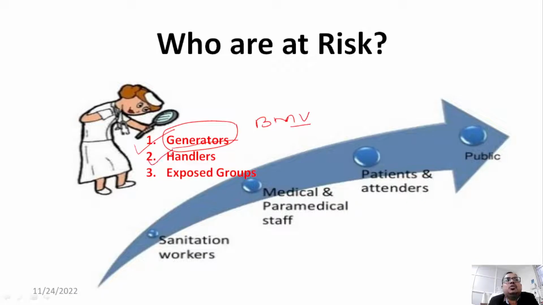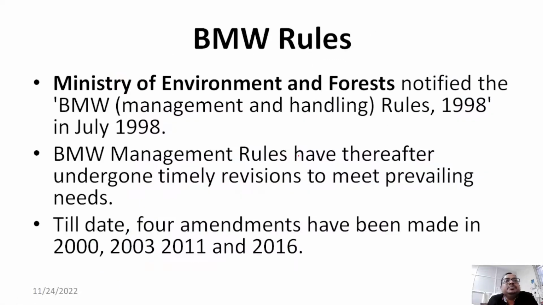Then the handlers, who segregate or handle these biomedical waste, or treat or dispose of these waste. Then finally it is also the exposed group. The exposed group even includes the common public or the patients or the attendants of hospitals.